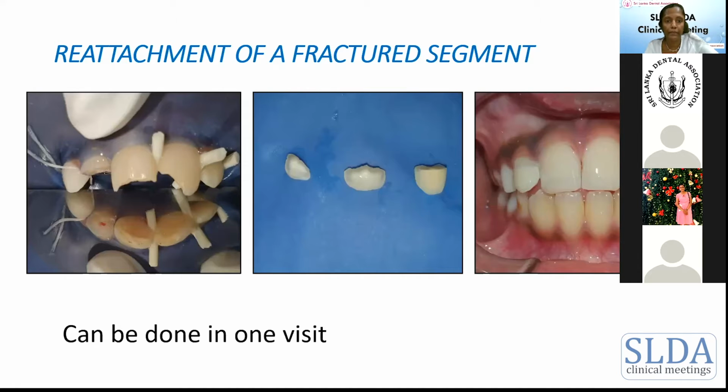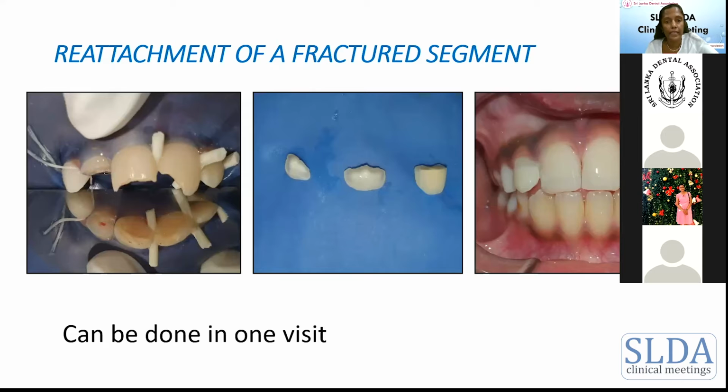After vital pulp therapy procedures, we can reattach these fractured segments on the same visit. So you can provide a good seal to the injured pulp tissue, as well as a better coronal restoration with good aesthetics, and also you can improve the psychological condition of the patient.